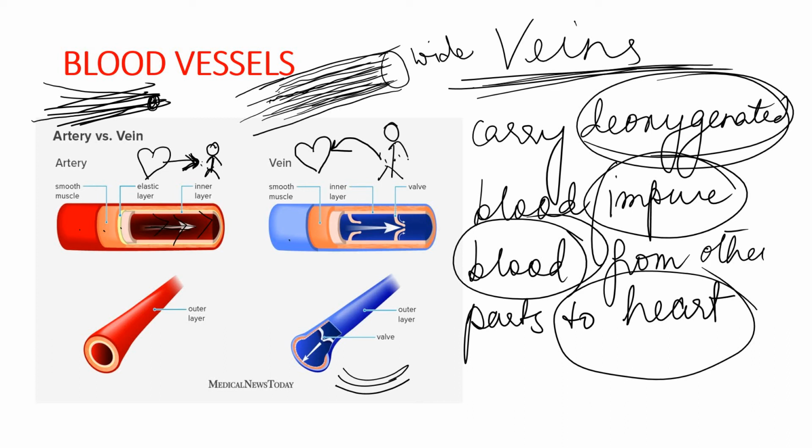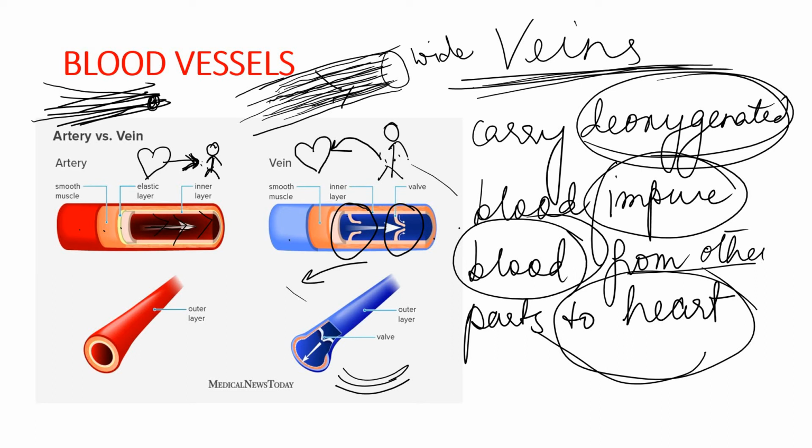But here one thing is there: valves are present. You see these valves, again what did I say about the role of valves? These are like temporary structures that block the passage for some reason or the other, so that the blood which passes from other parts to the heart, the impure blood, doesn't rush back to the other parts of the body.